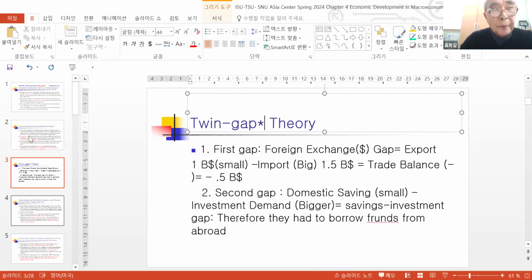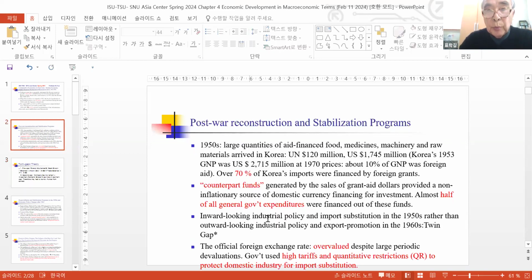Okay, so here, inward-looking industrial policy and import substitution in the 1950s. They wanted to import a lot of materials, but they didn't have foreign dollars because they could not sell any reasonable export amount. So they were always in shortage of dollars.